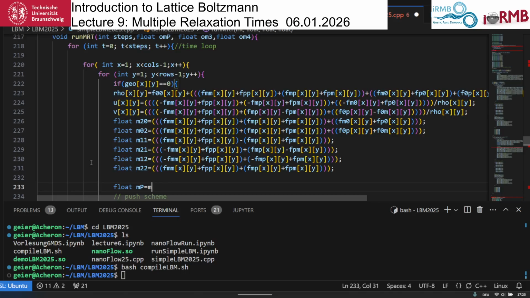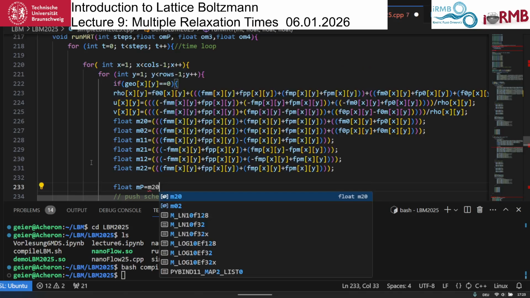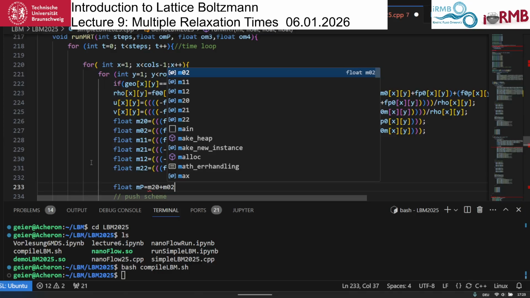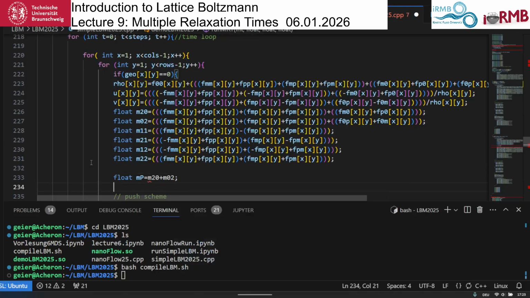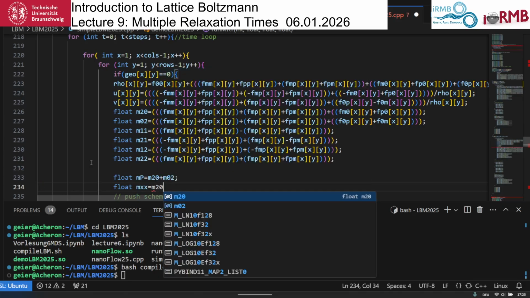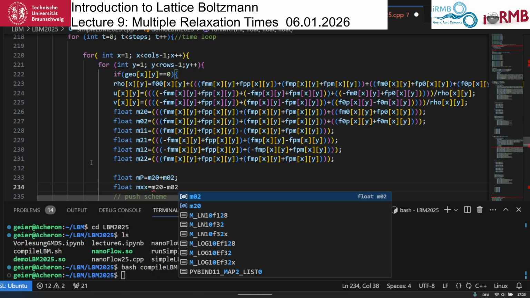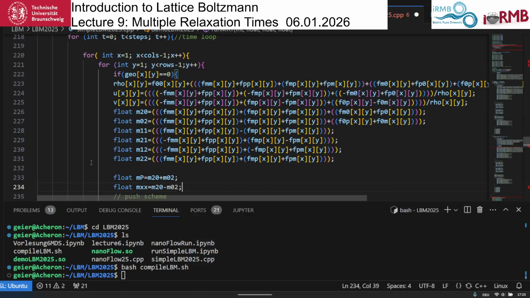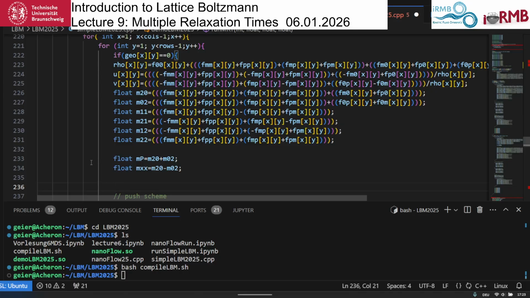And this is M20 plus M02. And then we also have to do a float MXX, that's M20 minus M02. Yeah, so these two we have to distinguish. Okay? So, and then we have to do collision.